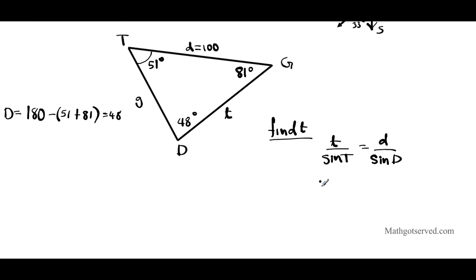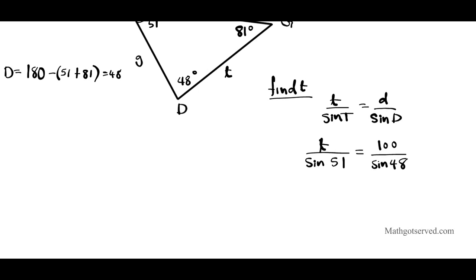We have little t over sine 51 equals little d, which is 100, over sine big D, which is 48. Now to get little t by itself, we'll multiply both sides by sine 51. So sine 51 on the left, and sine 51 on the right. On the left side, the sine 51s cancel out. And then on the right, we're going to plug this into our calculators.